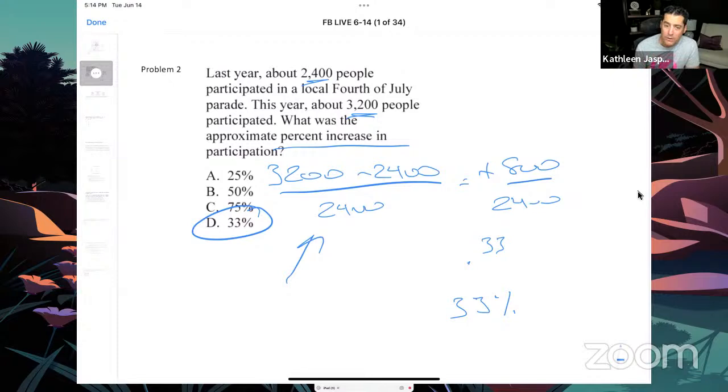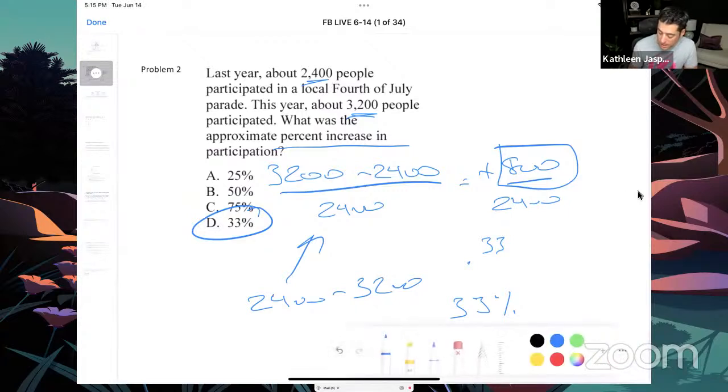Just know that whenever you're looking for a percent increase or decrease, you always take the difference of the two values you're given. It doesn't matter which way, because you're going to get the same number. It doesn't matter about positive or negative for the purposes of this exam. Trust me, because all you're looking for is to get the right answer, because 3,200 minus 2,400 is still the same number as 2,400 minus 3,200.